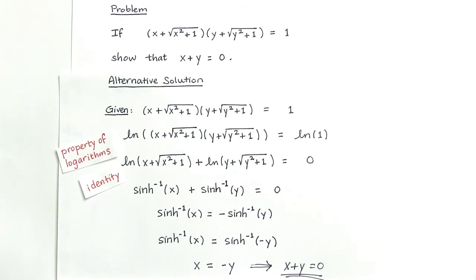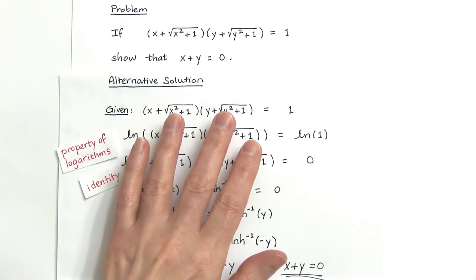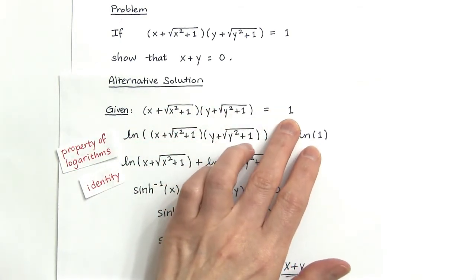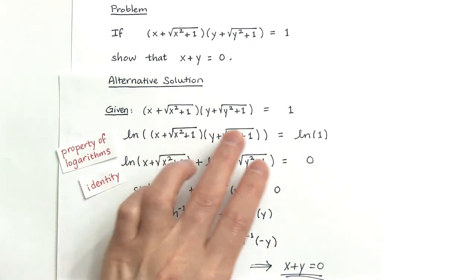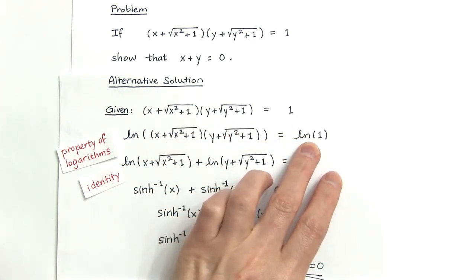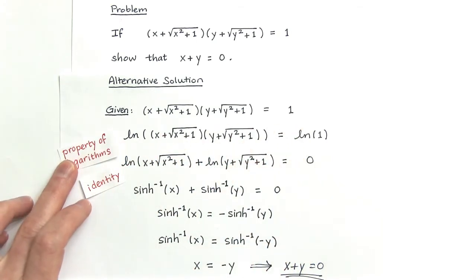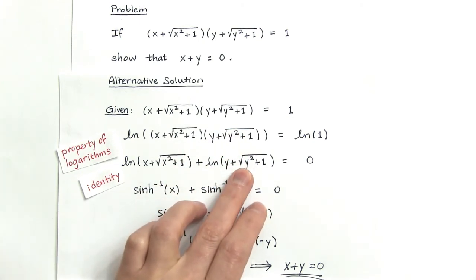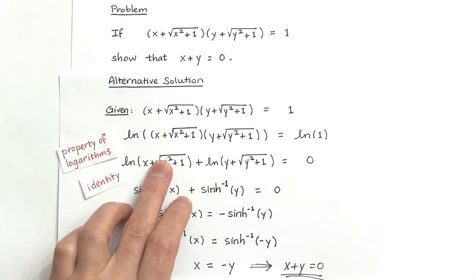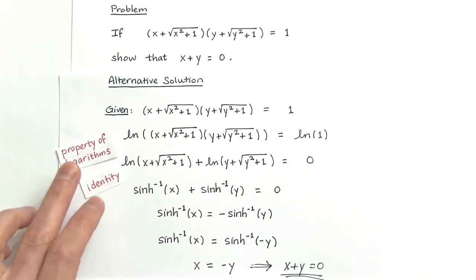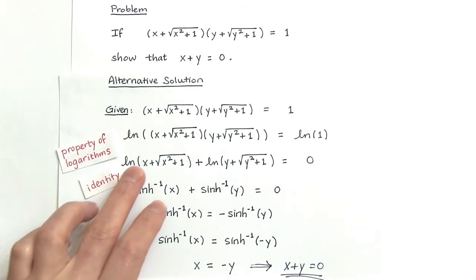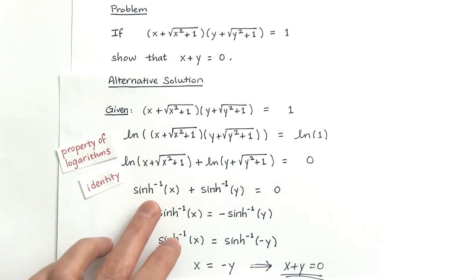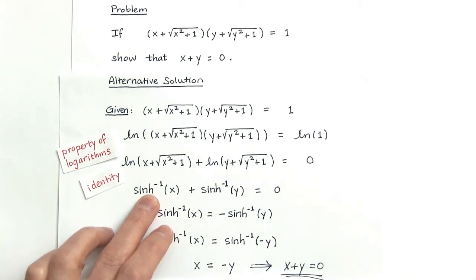So, summing up this alternative solution, what we did was we wrote down what we were given, which is that this product is equal to 1, and then we took the natural logarithm of both sides. Then we used the property of logarithms, which says the natural logarithm of the product is the sum of the natural logarithms. We made sure that this quantity here is indeed positive. Then we used an algebraic identity that replaced this natural logarithm quantity with this inverse hyperbolic sine quantity.